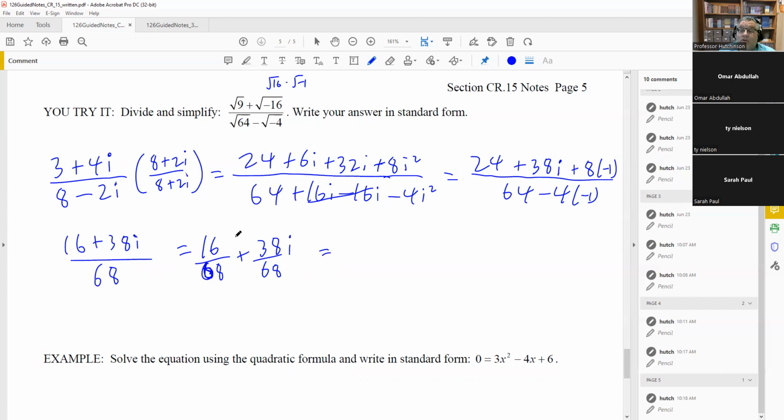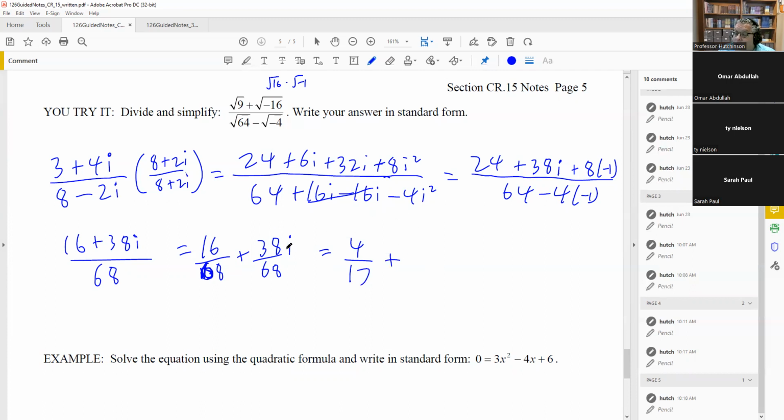Now this can be reduced. So on each of these, you can try starting out by a 2 and doing that. We know they're both even, so we can definitely divide by that. But also we can try a 4, and 4 would be the better one here. So we're going to try the biggest number that divides evenly. So 4 goes into both of these, and so 68 divided by 4 is going to give you 17.